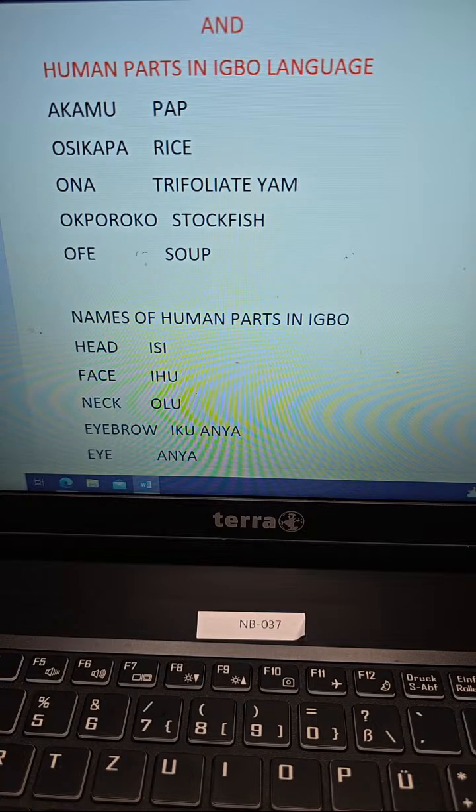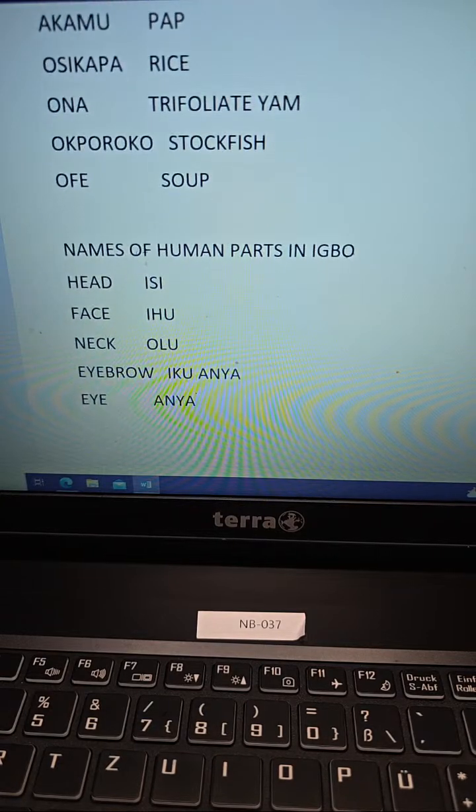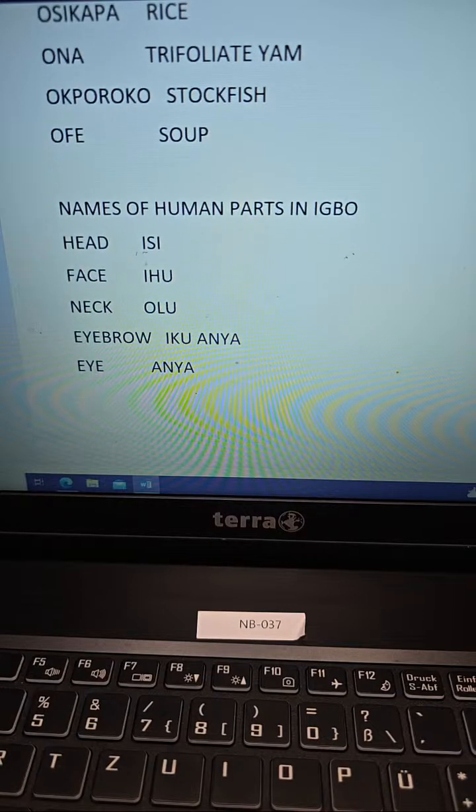So now we talked about akamu, which is called pap. Osikapa, rice. Ona, trifoliate yam. Ona, trifoliate yam is a kind of yam. It is called trifoliate yam because it's always divided into three.